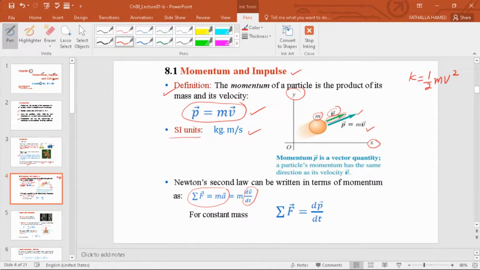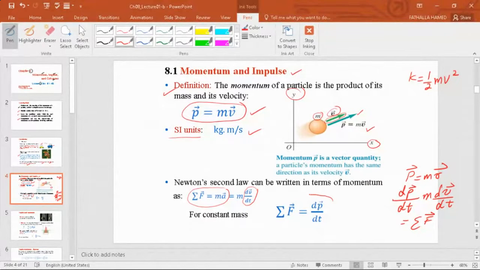We defined momentum here as mv, where m is a constant quantity. So if I look at momentum, which is equal to mv, and I take dp by dt, since m is constant, it will stay as it is, and you will have a dv by dt. So actually, m dv by dt should equal the summation of the forces.